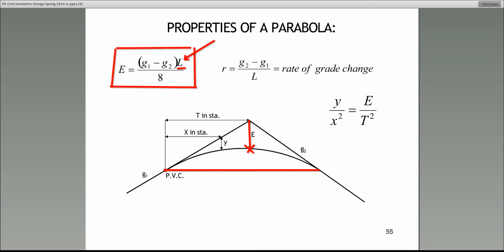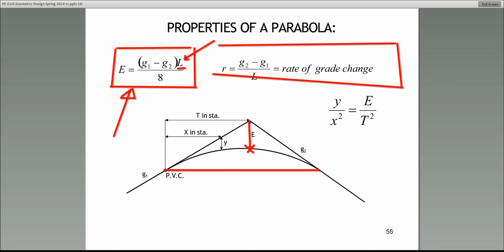So now, the first equation here, top left, E, we know what E is. G1, G2, I just told you. L, I expressed what that is. And the denominator is just the number 8. All right, now, let's look at the next slide, the next equation.